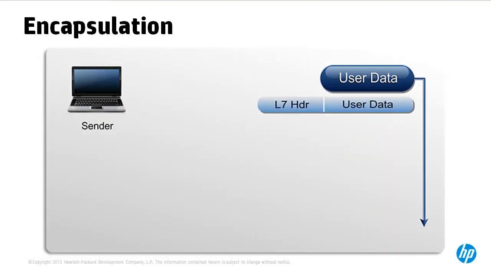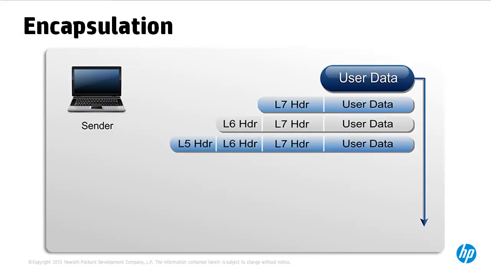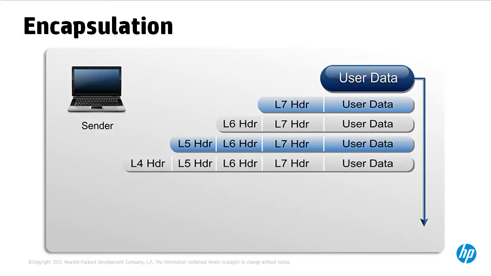At layer 7 of the OSI model, the data is encapsulated with a layer 7 header. That in turn is encapsulated with a layer 6 header at the presentation layer, and that in turn with a layer 5 header at the session layer, and that in turn with a layer 4 header at the transport layer.